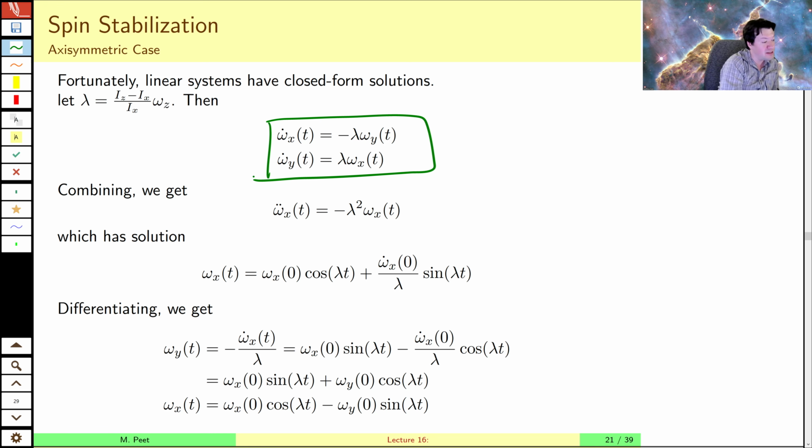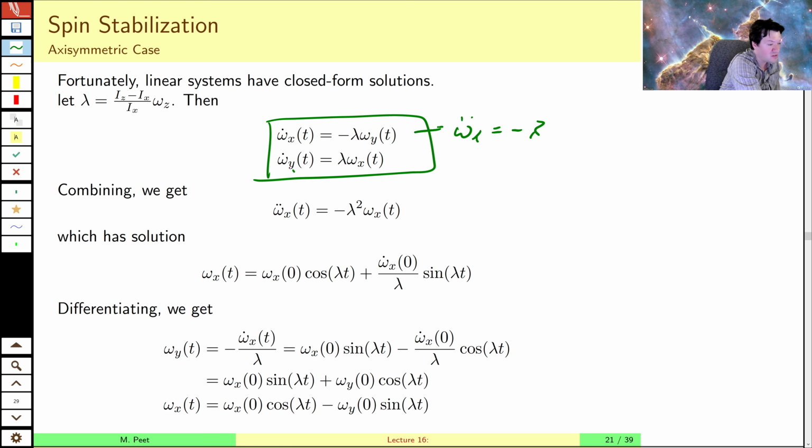We can combine them. We can just plug in omega y. Take the second derivative, omega dot x, take its second derivative, equals negative lambda.